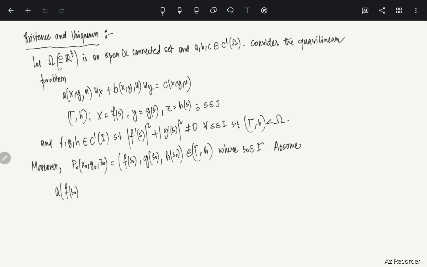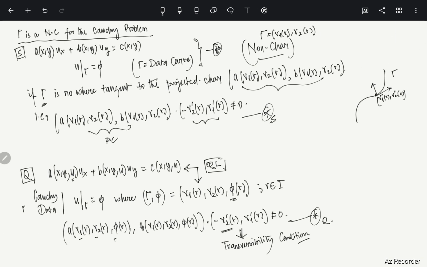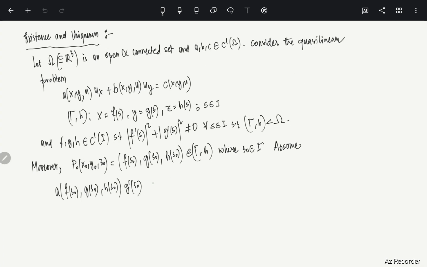Just a notation change, nothing special. So this has to be non-zero.